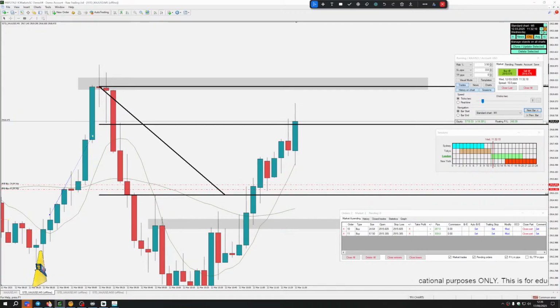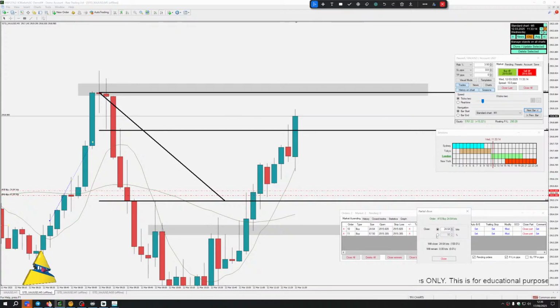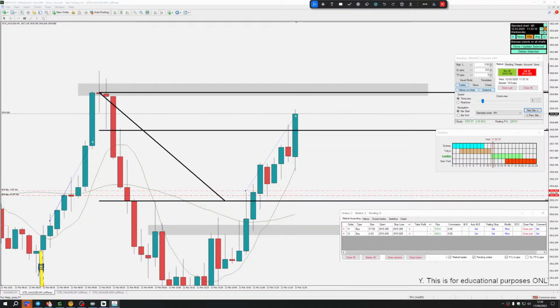We have to close some kind of partials. I'm going to close 80% on this first position.